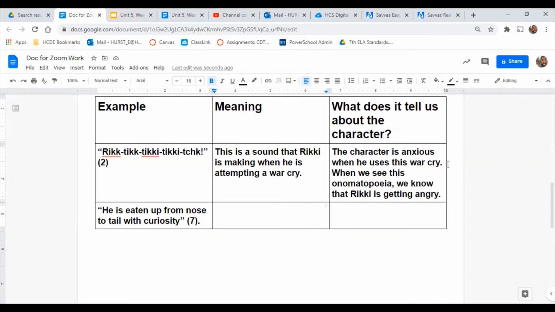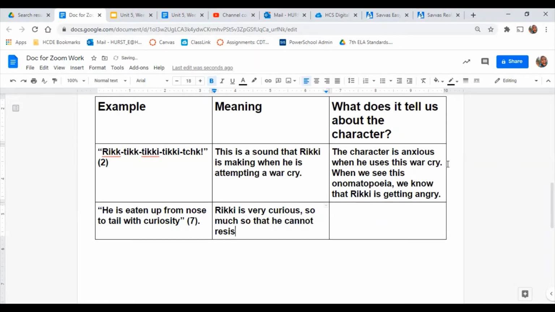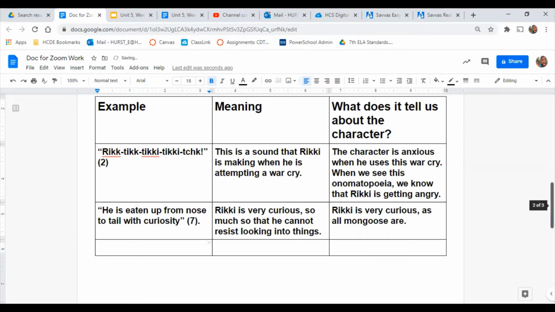What does it mean? It means Rikki is very curious, so much so that he cannot resist looking into things. So what does it tell us about the character? This one's pretty straightforward. Rikki is very curious, as all mongoose are, right? It says that it's just a trait of the mongoose.